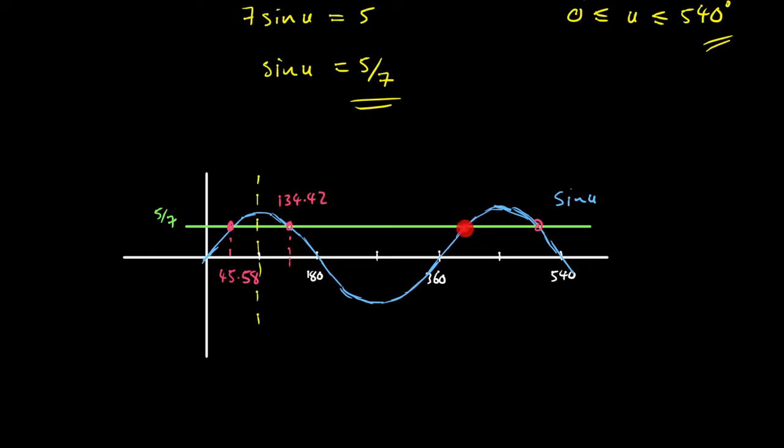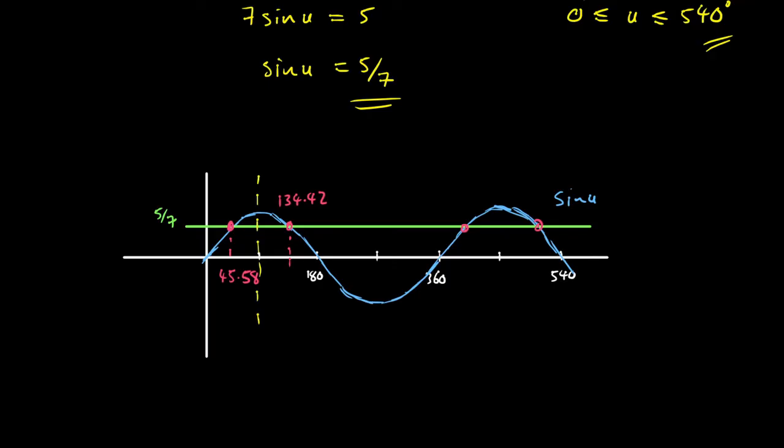Now, how can we get the subsequent values? Well, this value here is basically the same as this value, but it's just one whole wave along, right? So we go from here, we move one full wave to the right, then we're going to get to that point. So that's going to be an extra 360 degrees. If I add 360 degrees, I get 405.58.